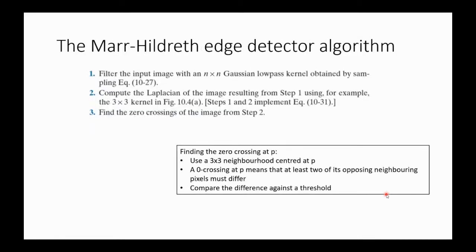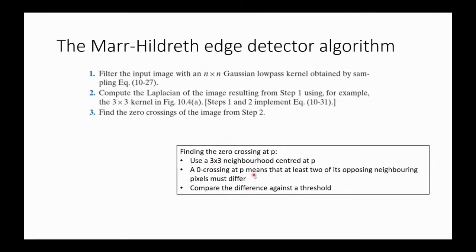Okay, so the algorithm is pretty simple. Basically, you filter the input image with a Gaussian of a certain size, a low-pass kernel filter, obtained by sampling the Gaussian. Compute the Laplacian of the image resulting from step 1, using the Laplacian kernel. Find the zero crossings of the image. The way to find the zero crossings at a particular point is to use a 3x3 neighborhood centered at every point.